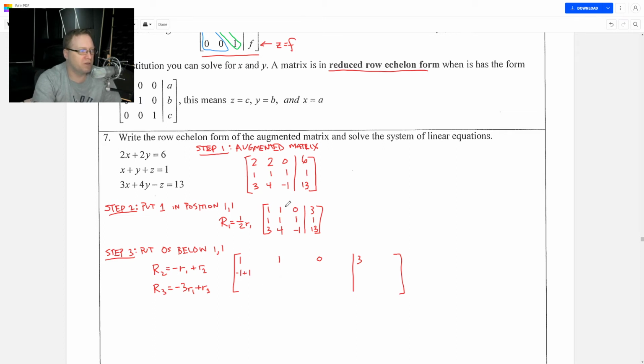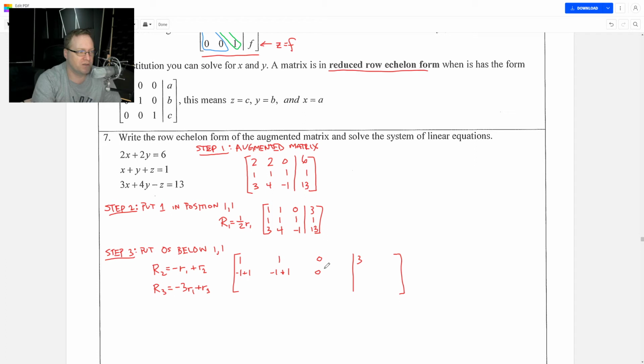What do we have? Again, we have old row 1, and we're going to make it negative, so that's -1. And we're going to add old row 2, which is 1. And then right here, we have old row 1, which is 0, make it negative, which is still 0, and we add old row 2, which is 1. So that's 0 plus 1.